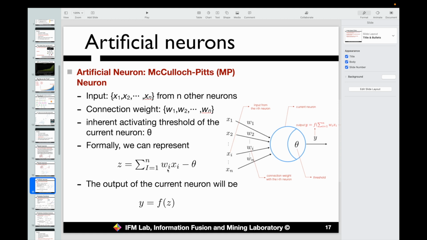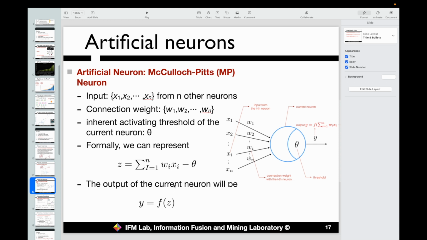We sum all the inputs together, quantified by the weights, and then also subtract the threshold. We denote this intermediate result as z. Based on z, we further decide the final output of the neuron to be y equals f(z). This function f is called the activation function of this neuron.